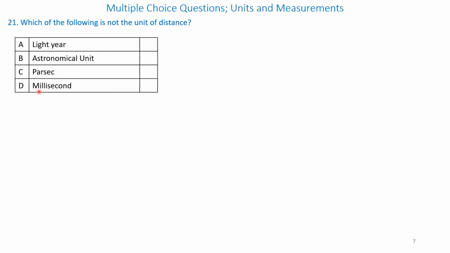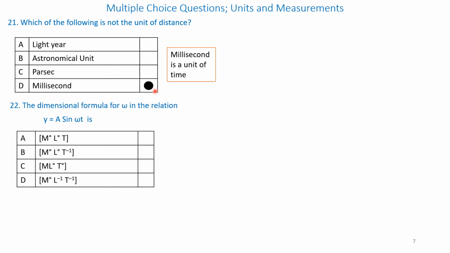Option D is millisecond. Millisecond is 10 to the power of minus 3 seconds. So it is unit of time. So option D should be the correct answer, which is not a unit of distance. Therefore, option D, you please mark it as the correct answer. Next question.